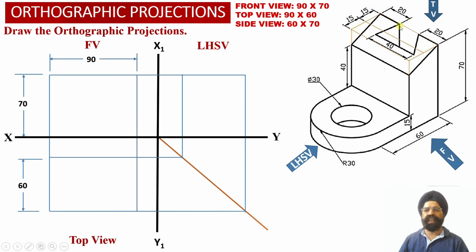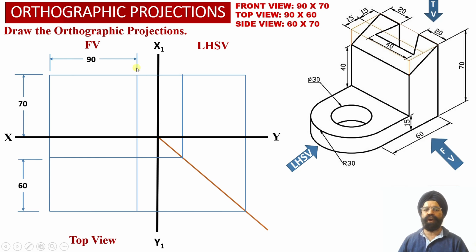And into this vertical web we have been provided with an angular slot which is facing the right hand side face of the solid over here. Now we have been provided with the information that the width of this angular slot happens to be equal to 15 millimeter, while the total width of this vertical web happens to be equal to 30 millimeter.